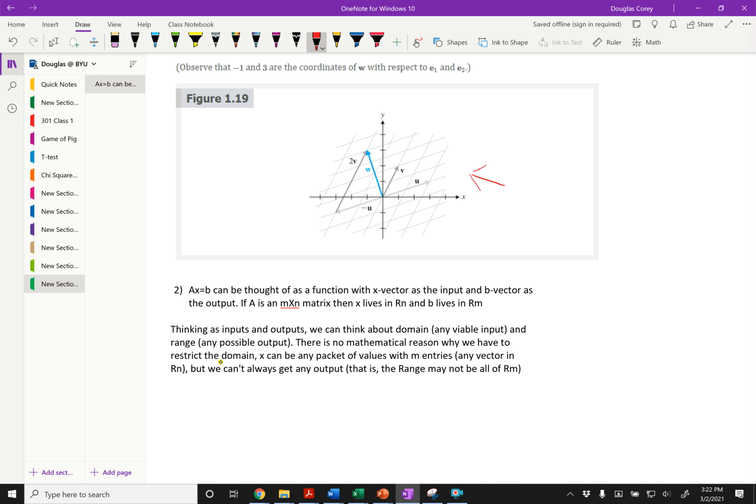In this situation, we could go negative 1x and up 3y, with these two directions as your basis. But with u and v as your basis, you would go a negative 1u and then 2v to make w, or to get to the point at the end of w.